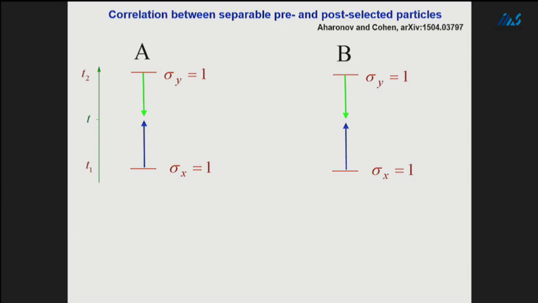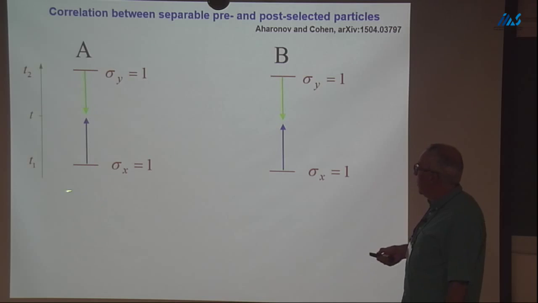Let me go to Yakir's story, which, although I think I have a resolution for it, looks kind of like a paradox. Yakir's story tells us that we can have two spin-half particles which are separable.